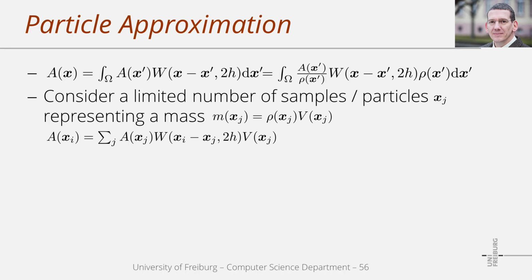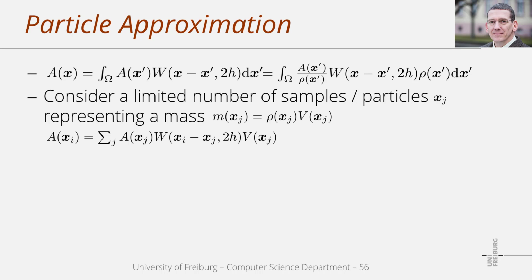In a particle simulation, the quantity A is only available at discretized particle positions. So the quantity A at an arbitrary position xi can be approximated as A times W times the volume v of a sample accumulated for all adjacent samples j.